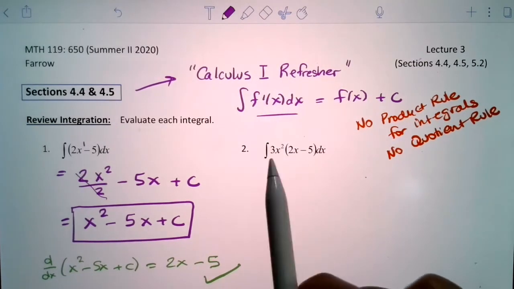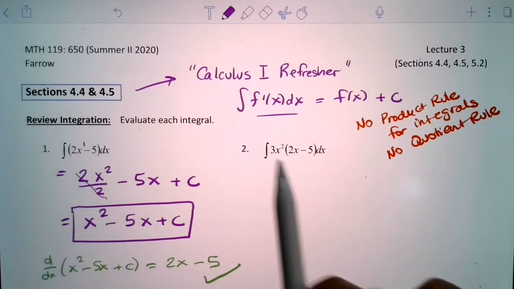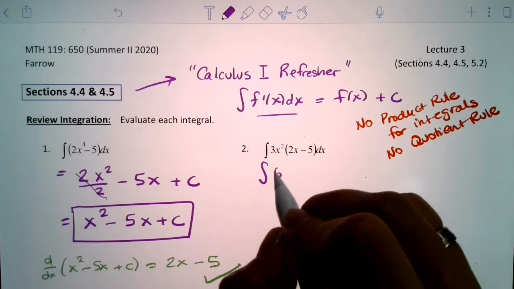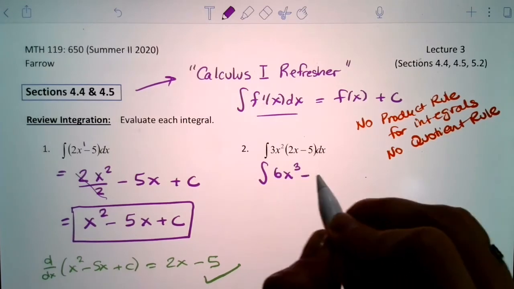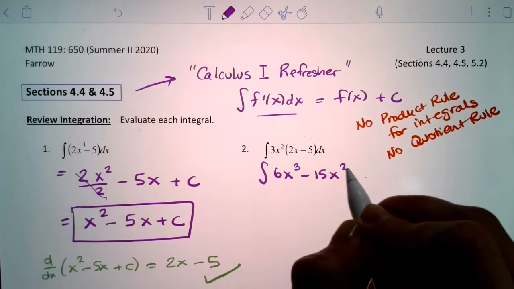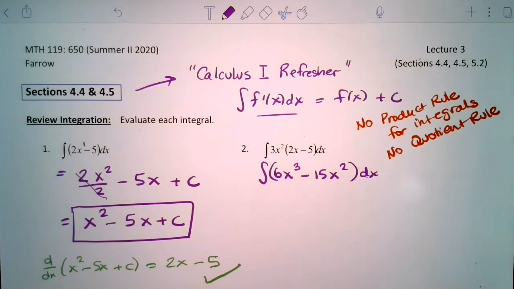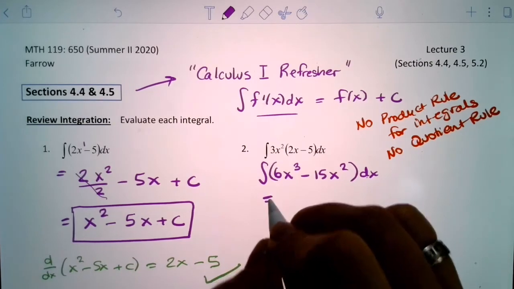There's no reason you have to leave these two guys, this monomial multiplying the binomial. Let's just multiply it out. I mean, that's the simplest technique ever. I can get around this problem pretty easily. Okay, so at this point I pretty much transformed it into what number 1 looked like. You can handle it term by term. So I'm going to do the same thing.